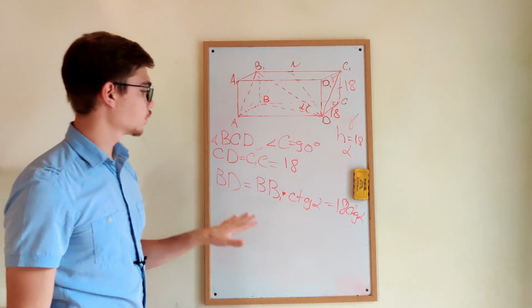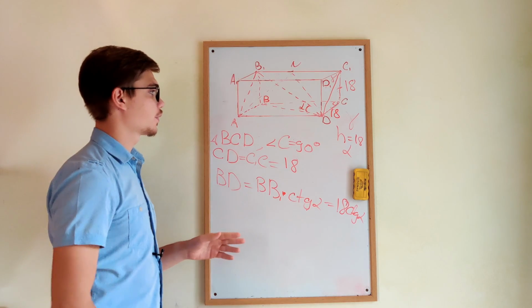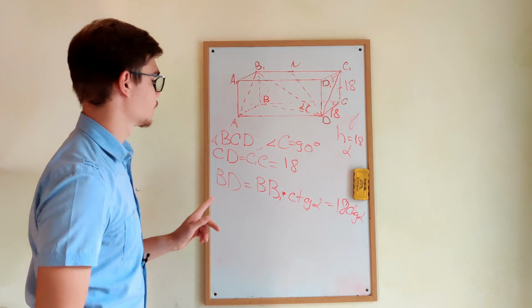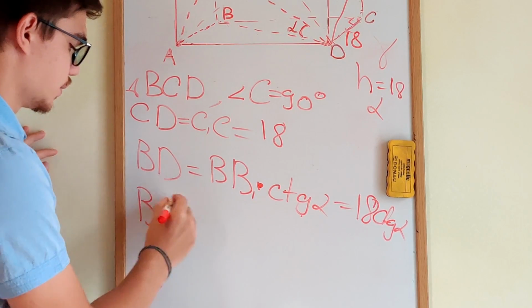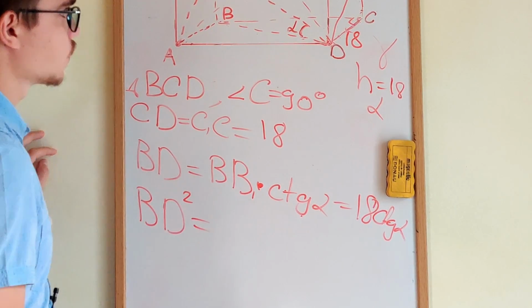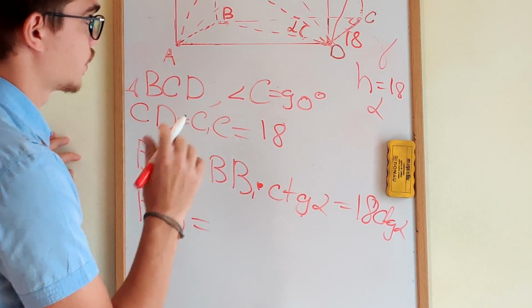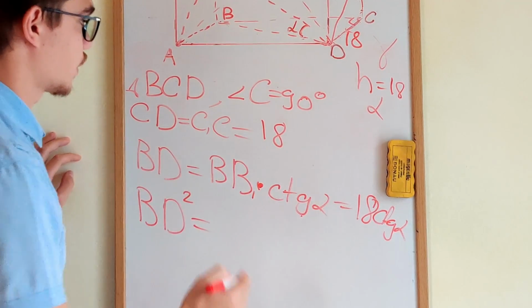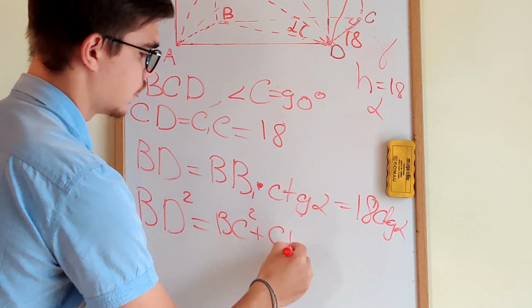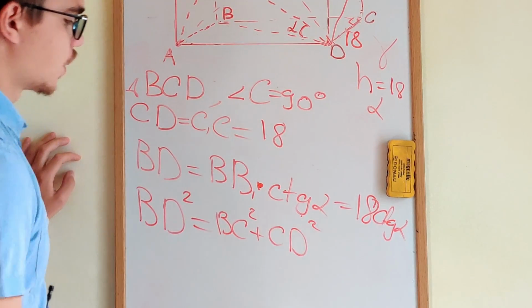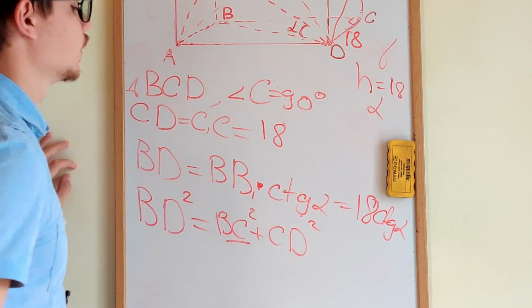Now, I'm not going to rush, I'm going to carefully write down the Pythagoras theorem to not make any mistakes. So the hypotenuse is BD. If we square it, we get the sum of the squares of the two other sides, so BC squared plus CD squared. What we want to find is the side BC.